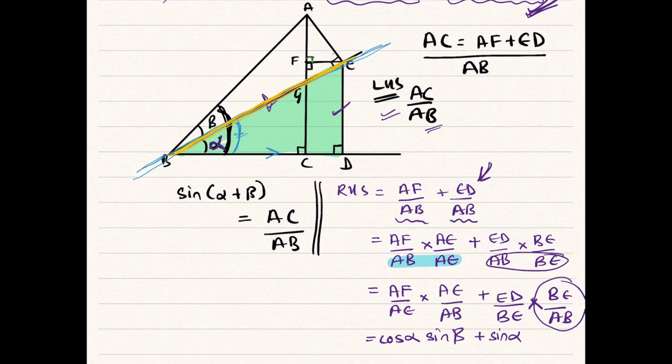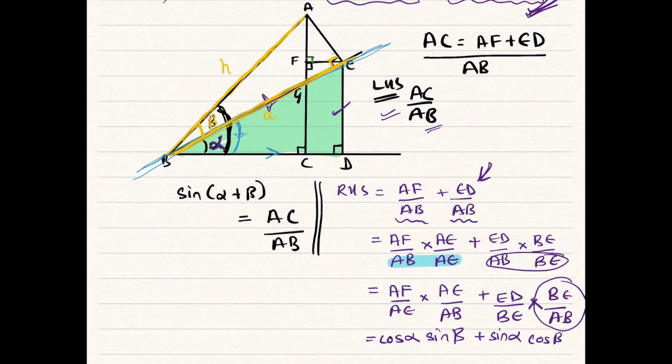The diagram is getting messier, but this proof is actually about to end. So BE by AB with respect to my angle beta, this is the right triangle, right? So this is the hypotenuse and this is the adjacent, so adjacent by hypotenuse, which is nothing but cos beta.